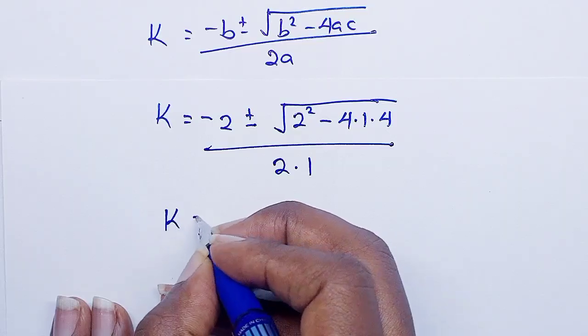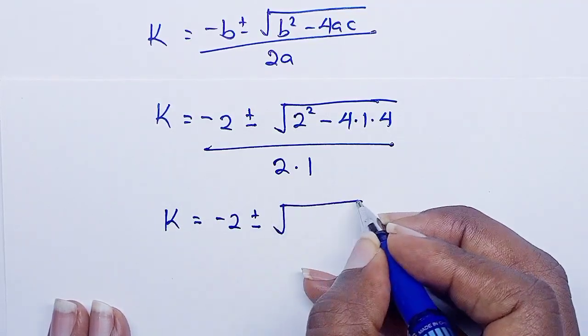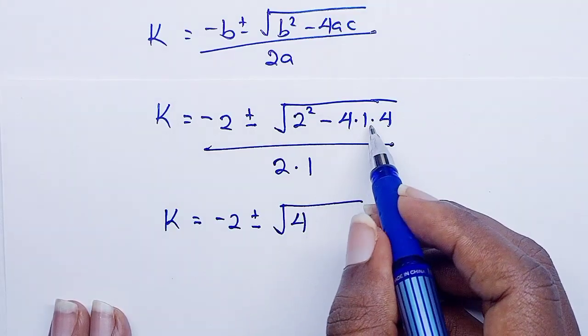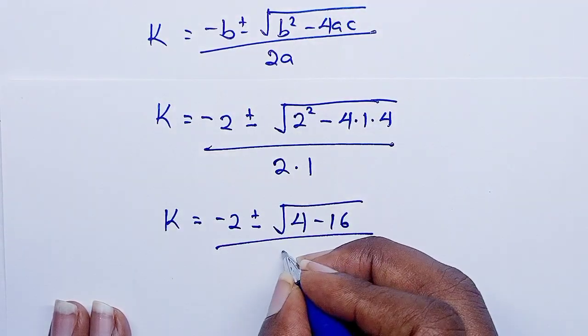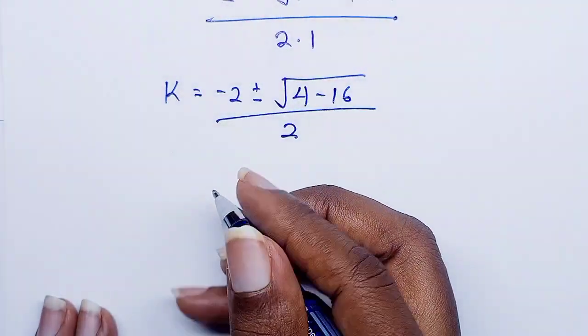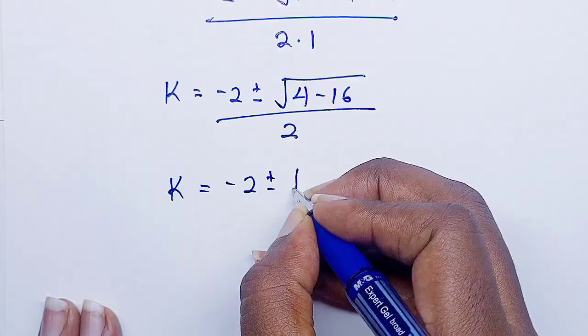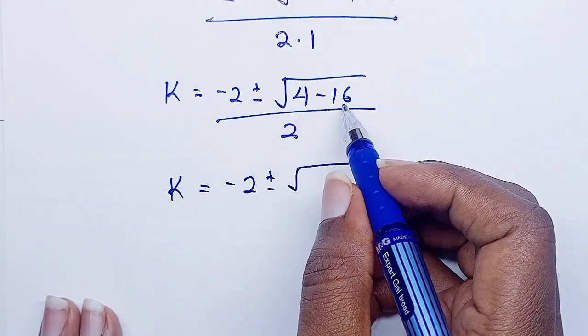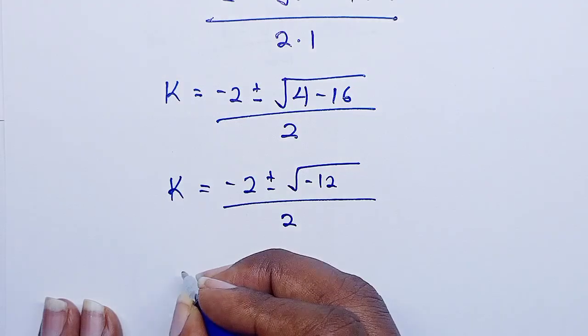So k is equal to minus 2 plus or minus 2 squared, which is 4. 4 times 1 times 4 is 16, so minus 16, over 2. And therefore k is equal to minus 2 plus or minus the root of 4 minus 16, which is minus 12, over 2.